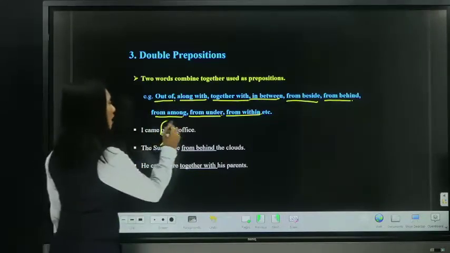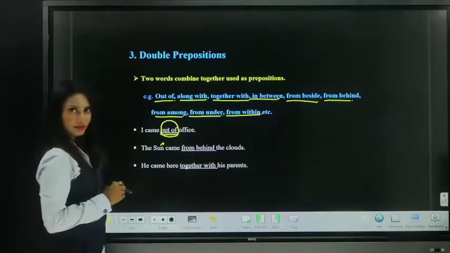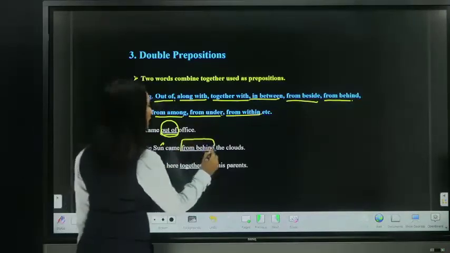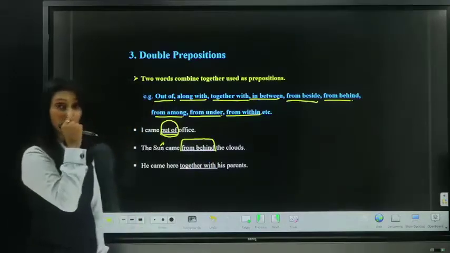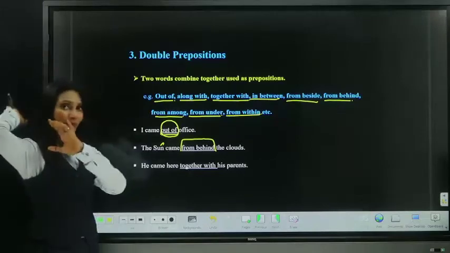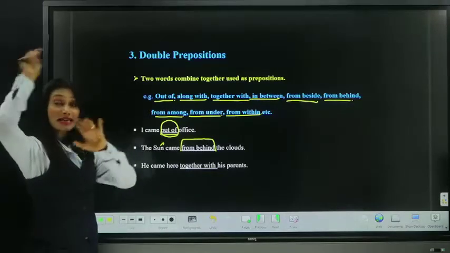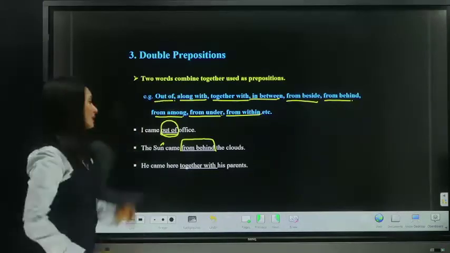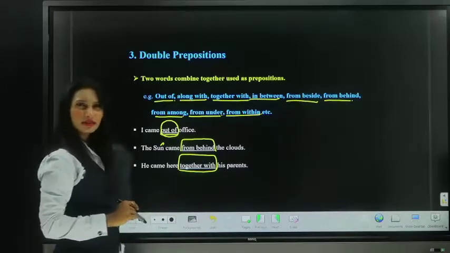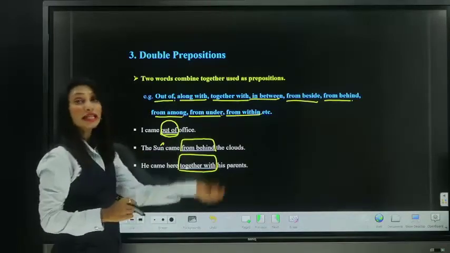For example, he came out of office. Can you say he came off office? No. It doesn't give sense if you use only one word out of these two. So you require two words here in order to make a complete sense of the preposition. He came out of office. I hope it is clear. Look at this one. The sun came from behind the clouds. The sun came from the clouds? No. The sun came from behind the clouds. He came here together with his parents. Together his parents? No, together with his parents.